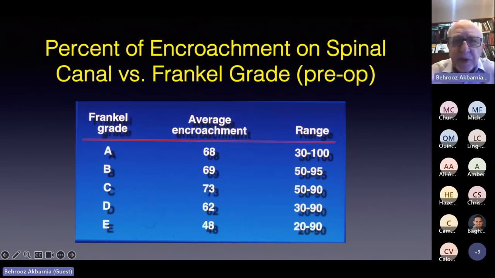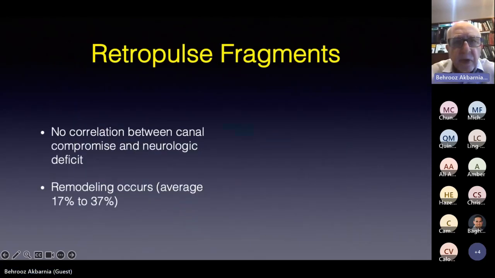You can see pretty much all of the levels, from total neurologic deficit to intact, having a fairly wide range of canal encroachment. So there is no correlation between the canal compromise and the neurologic deficit.